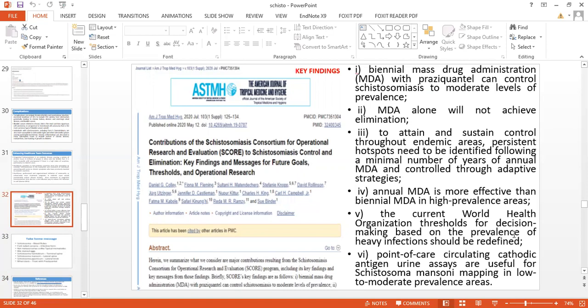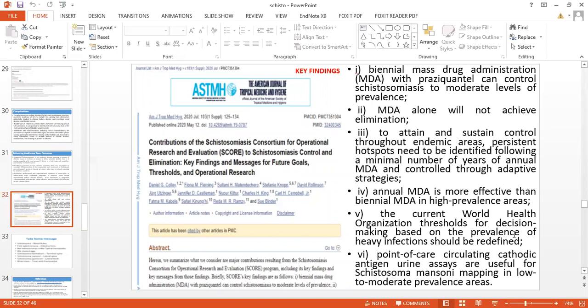Biennial mass administration with praziquantel can control schistosomiasis to a moderate level of prevalence, while mass drug administration alone will not achieve elimination. To attain and sustain control throughout the endemic area, persistent hotspots need to be identified following a minimal number of years of annual mass drug administration, and controlled through adaptive strategies.